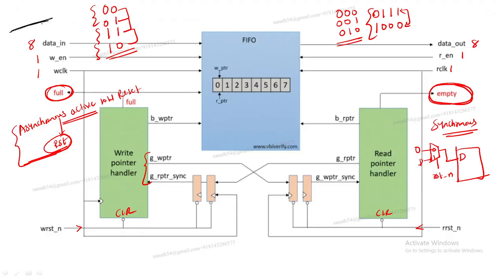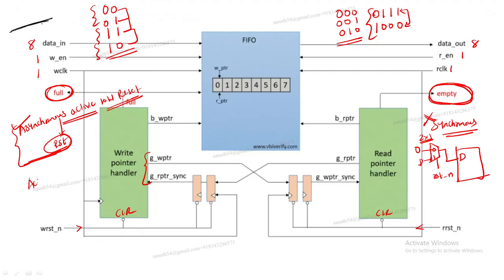I need to calculate the timing path for this 2 cross 1 mux also. So this is one of the disadvantages. That's why we are not using synchronous reset. We are using asynchronous reset, that too active low reset.